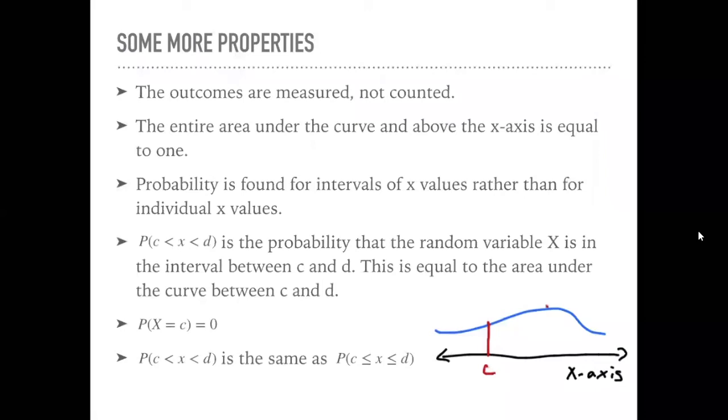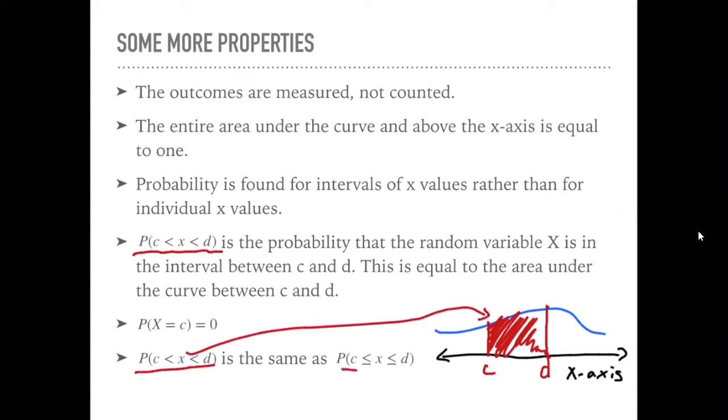Here's C, here's D, all of this area in here. That would be the probability of being between C and D. So that there, or that there, or really this as well.